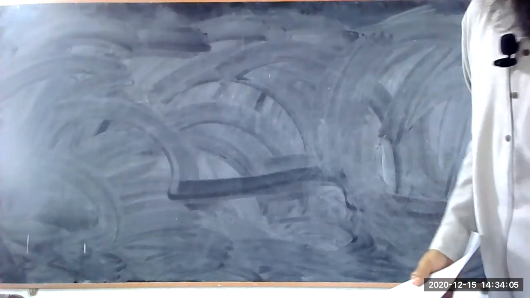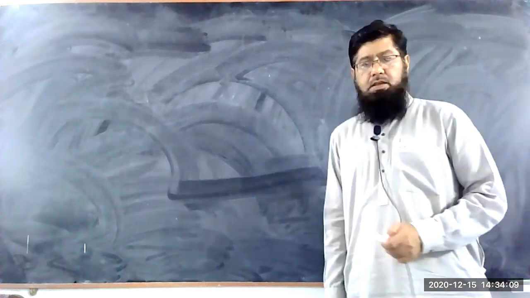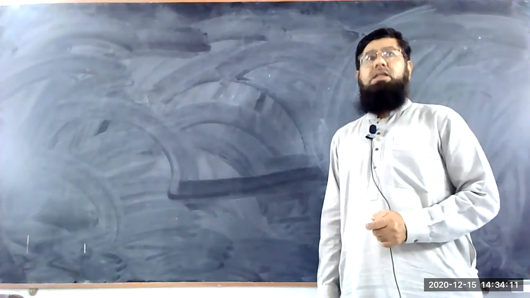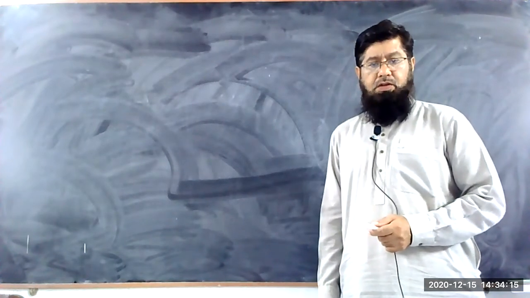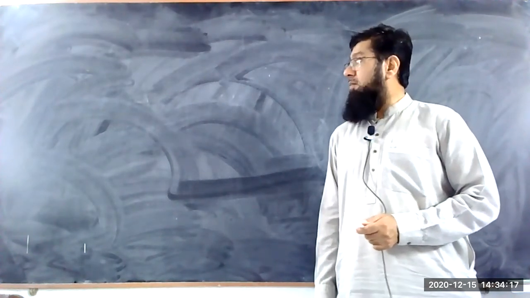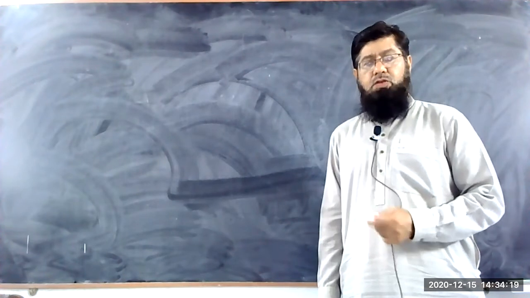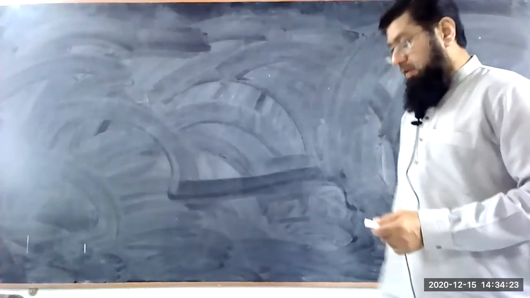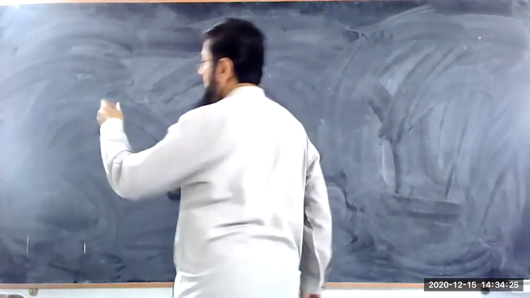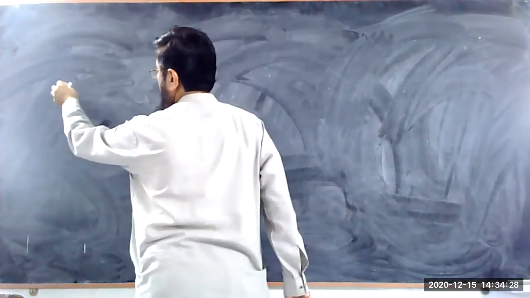So in the previous lecture, we have seen that if the charged particle is moving in a magnetic field, as a result the magnetic field will exert a force on the charged particle, and that force depends upon the magnitude of the charge, the velocity, and the direction of the field.